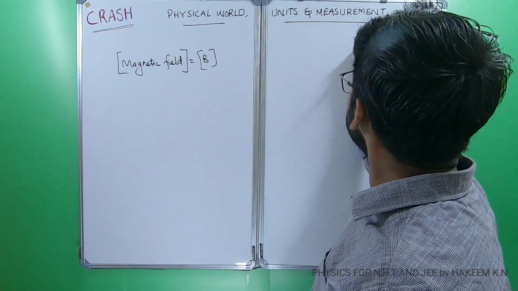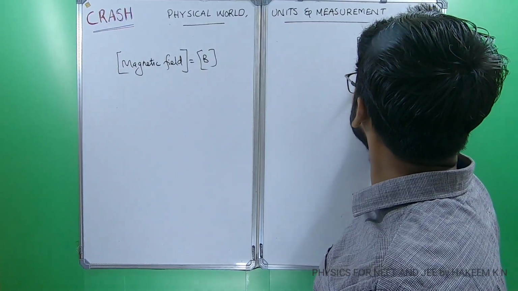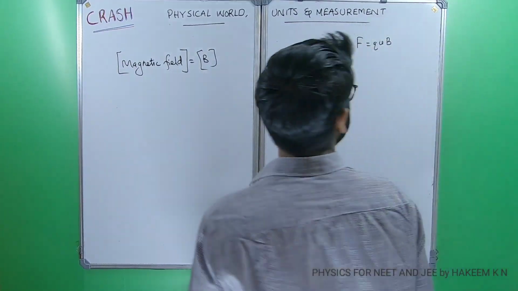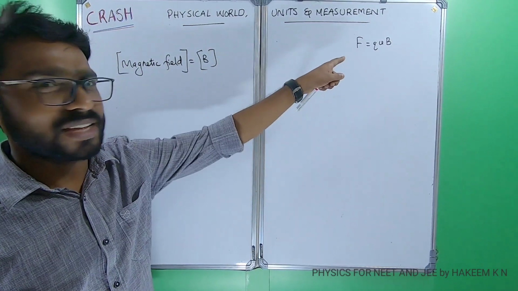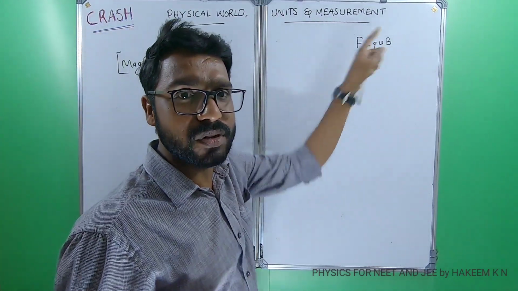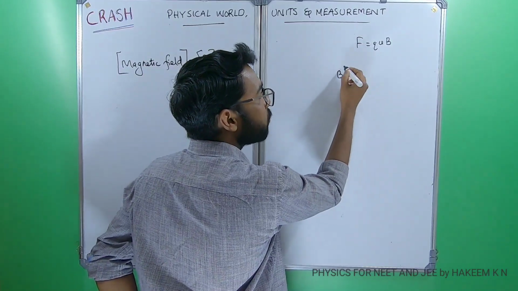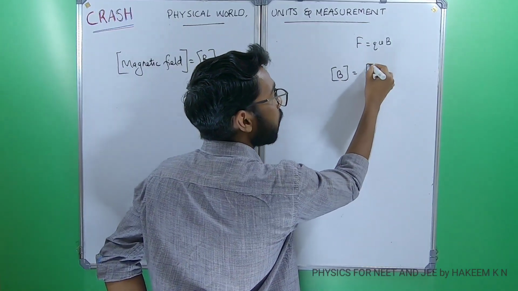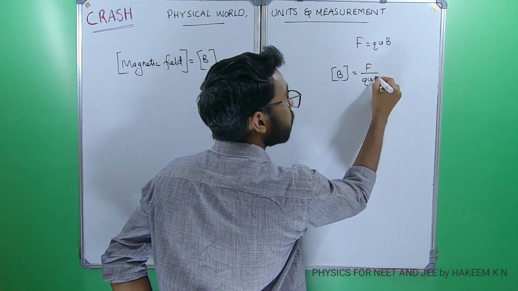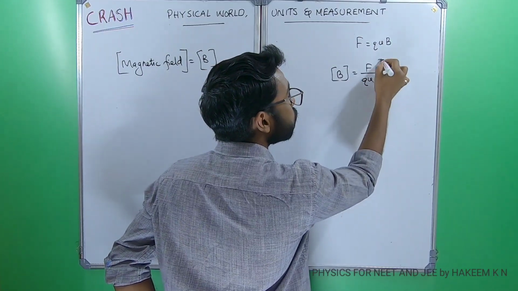Lorentz force F equals QVB sin theta. Sin theta does not possess a dimensional formula. So force F equals QVB, so magnetic field B equals F by QV.